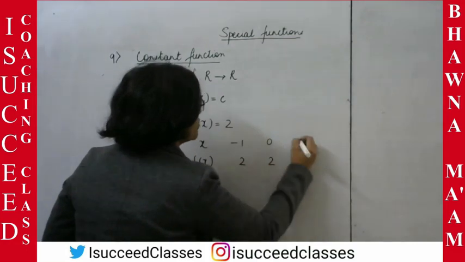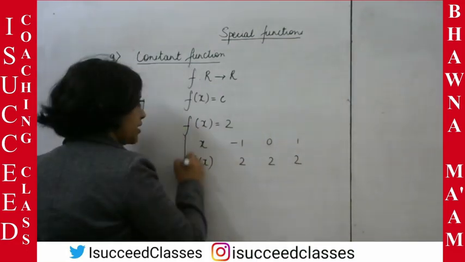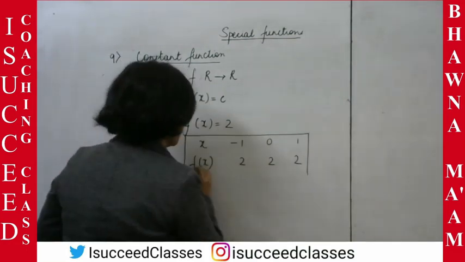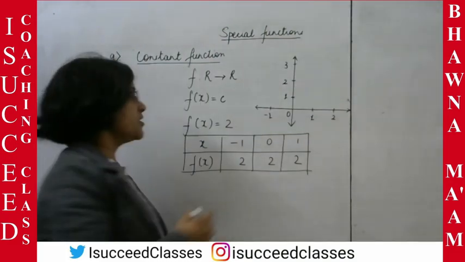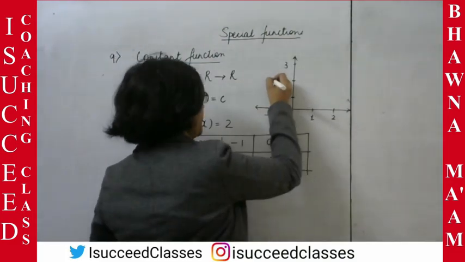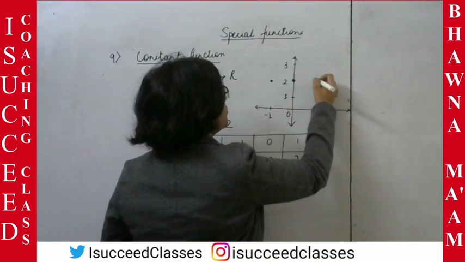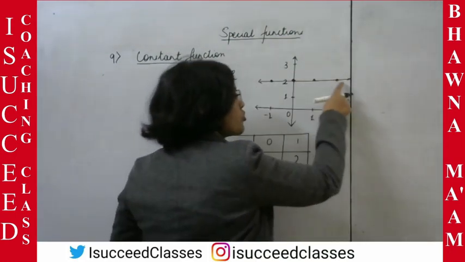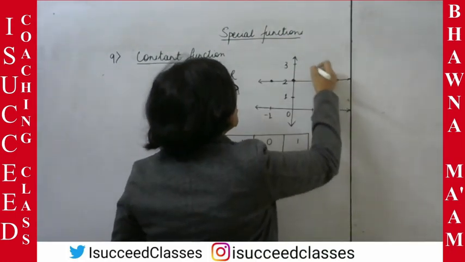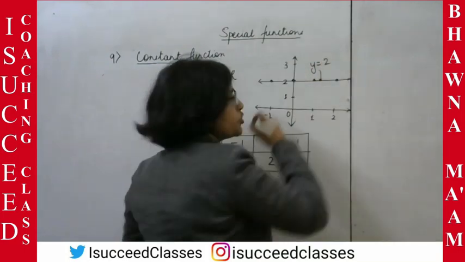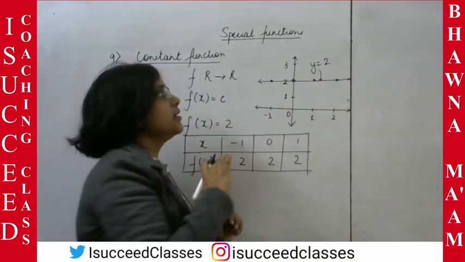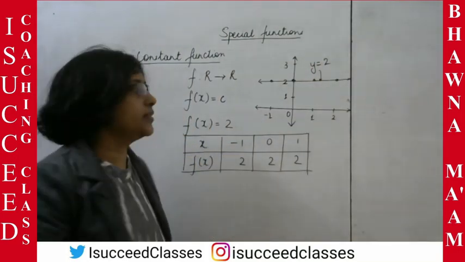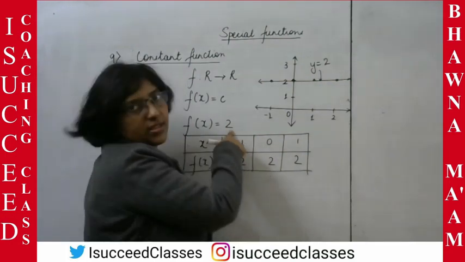For 0, it is true. For 1, it is true. You can take any real number, the answer is going to be 2. So we get a horizontal line, because it is the line y is equal to 2, which is a horizontal line. And the answer is always 2 in this case.